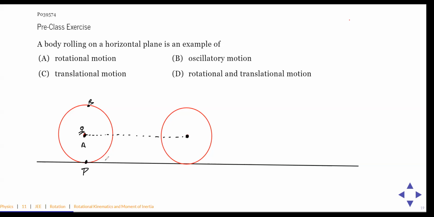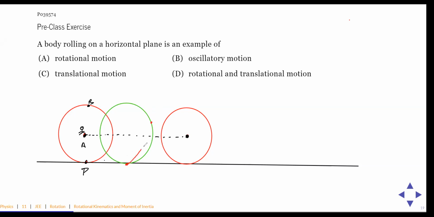Because as it moves forward, this B will be, wait, I'll just draw. This will be like this. Tell me. So I can say, now this point is here, and this B point will be somewhere over here. So the angle is changing, yes or no?